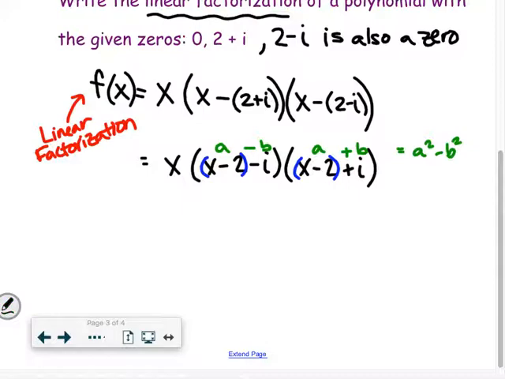Or from yesterday, if you see this as like an imaginary 0 or an imaginary number, then you could think about it as a minus bi times a plus bi. And if you do that, then it's a squared plus b squared.